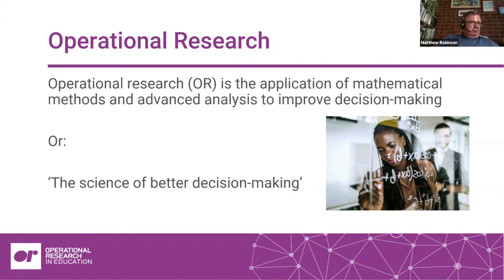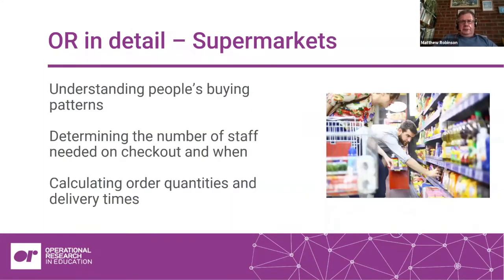So a couple of examples here. Supermarkets. We're all going to supermarkets still, but supermarkets use operational research a lot. They may be looking at what products people buy together. You may have heard of a term called basket analysis, which is understanding what products people buy together.